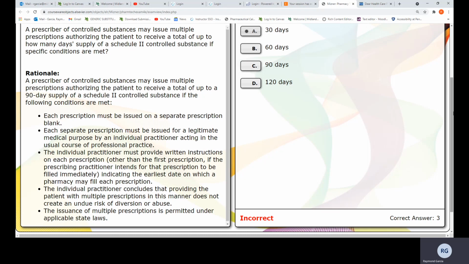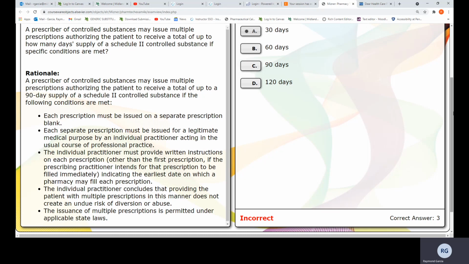The individual practitioner must provide written instructions on each prescription. Other than the first prescription, if the prescribing practitioner intends for the prescription to be filled immediately, indicating the earliest date on which a pharmacy may fill each prescription.